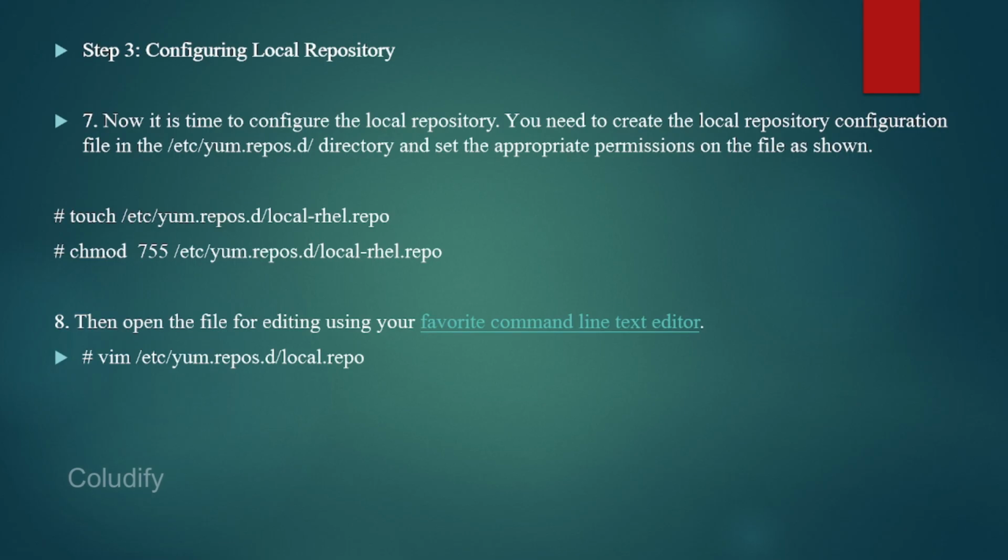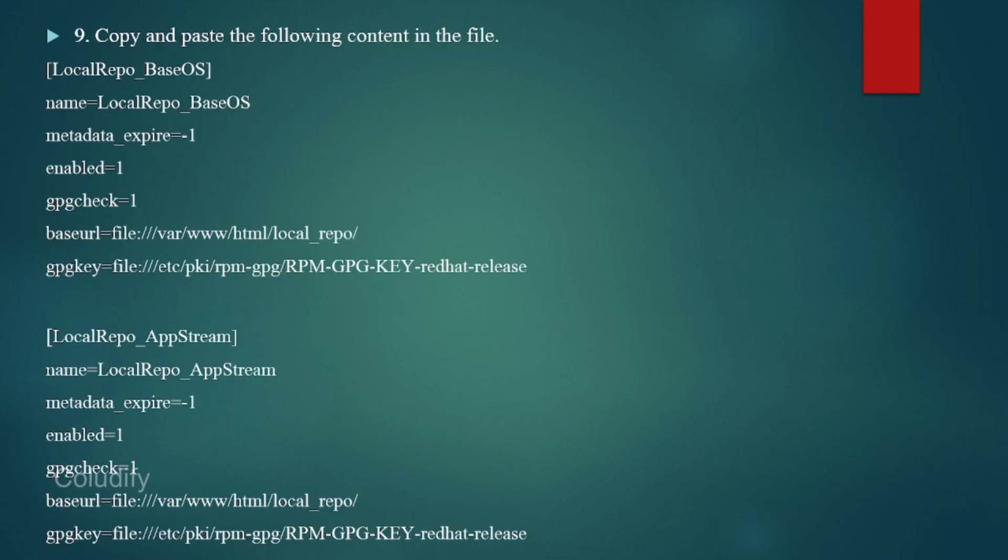Then we open that repository file with the help of the vim editor: vim /etc/yum.repos.d/local.repo. Once we open that repository file, we add the entries for BaseOS and AppStream repos. So first we give the repository ID local_repo_BaseOS.